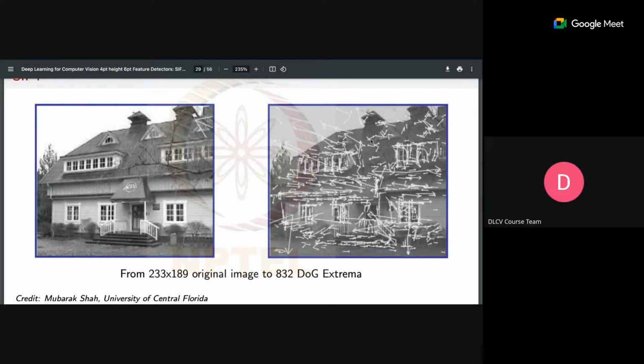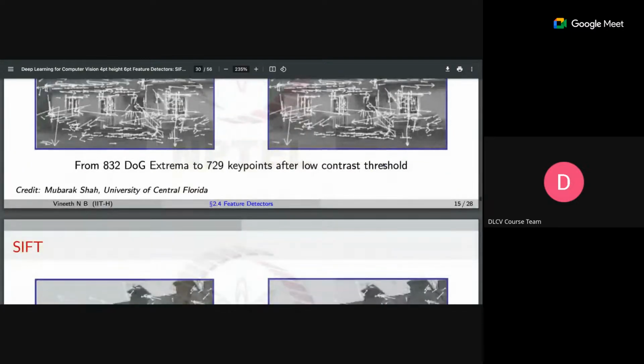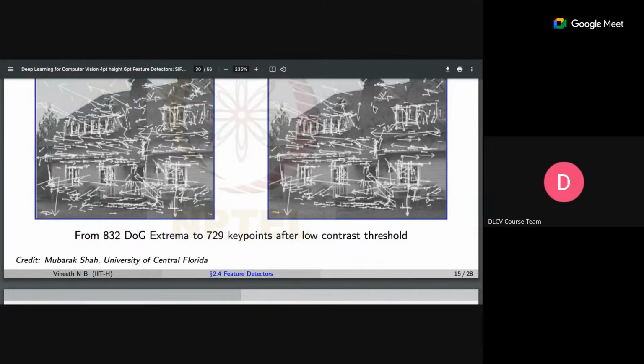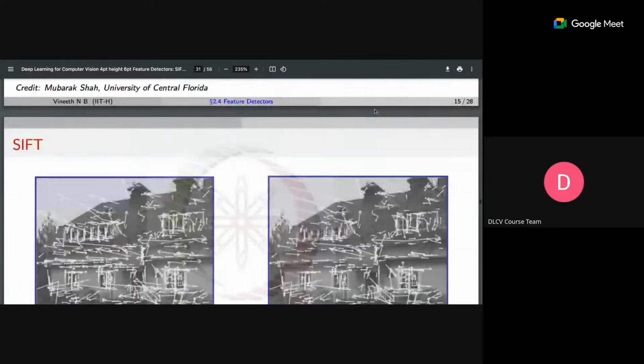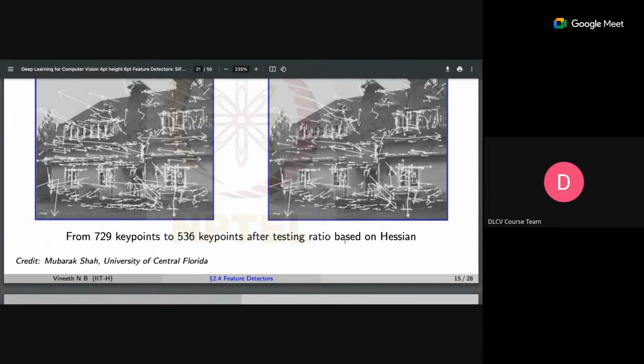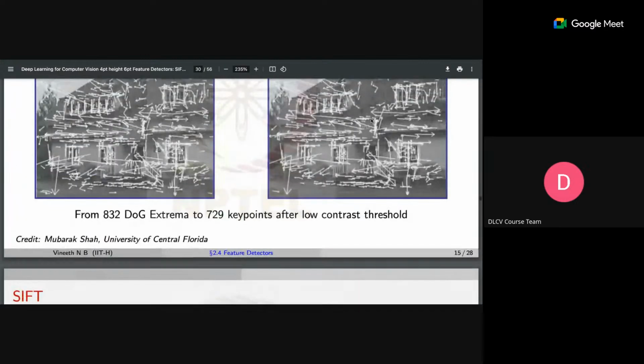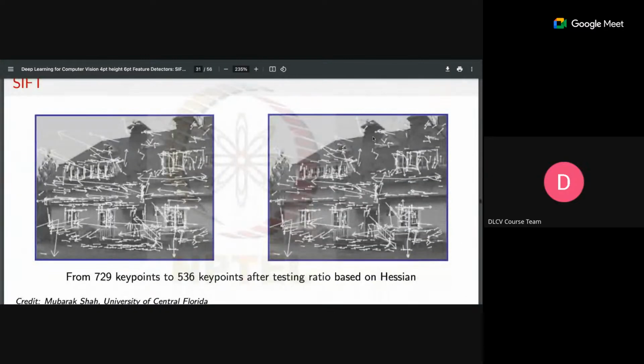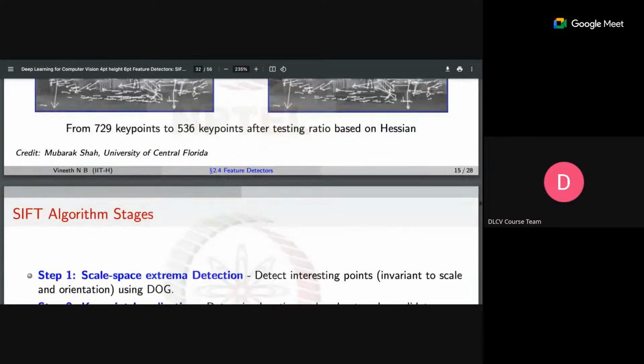Can you see my cursor? Yes, sir. So near this window, there are 7 key points. As we go for the contrast threshold, we got only 3 remaining. As we move on to the Hessian based ratio thresholding, still 3 are remaining because there is no edge in this region, so it will not remove any key point.